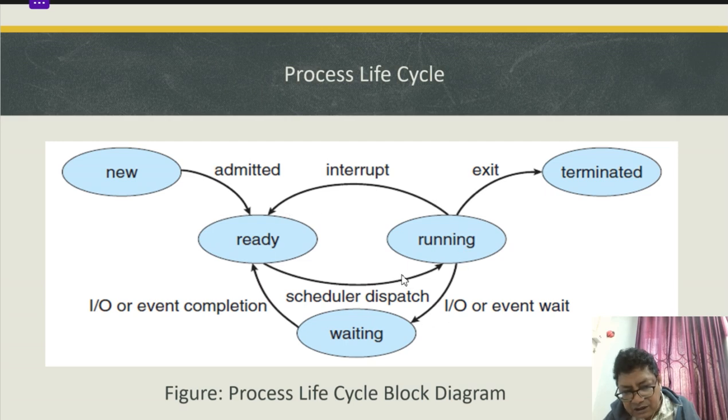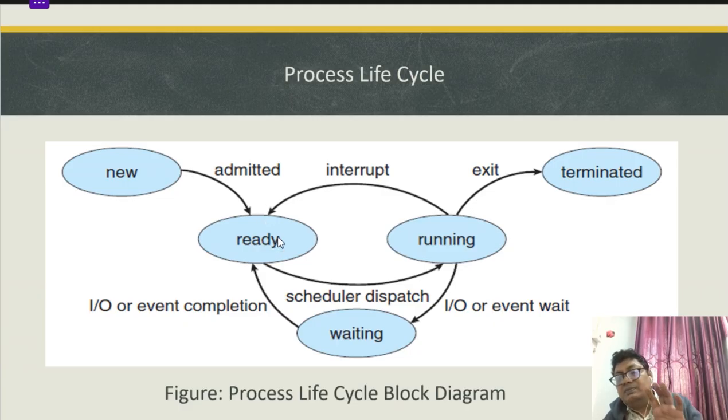So in that part, between ready and running, two critical things are going on. One is scheduler dispatch, another is scheduler interrupt. If any process goes from ready to running, then it is called scheduler dispatch. If any process is suspended from the main memory, then it is called scheduler interrupt.